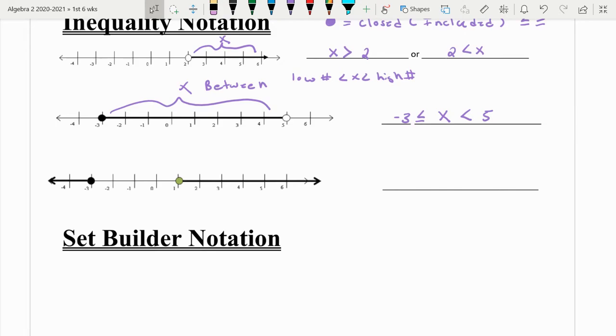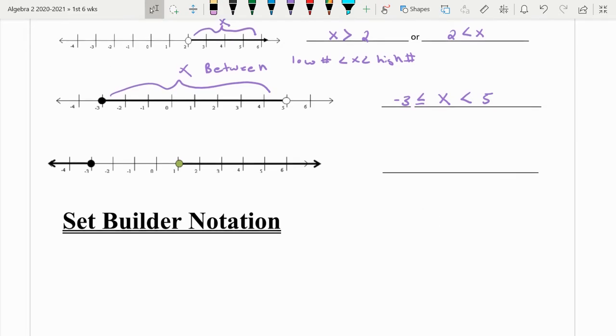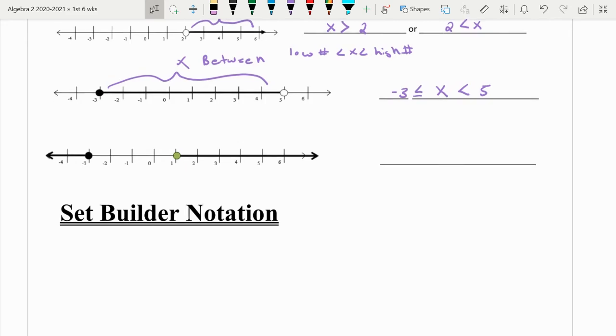All right, next thing. We have a gap here. When there is a gap, we look at it as a split interval, and you're going to have two inequalities. Let me draw that better.